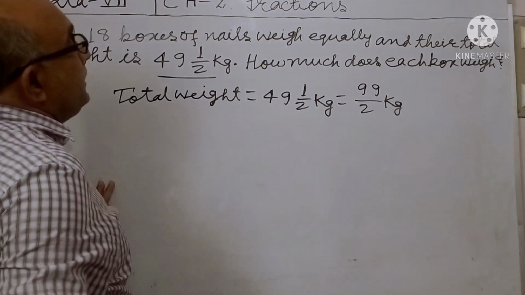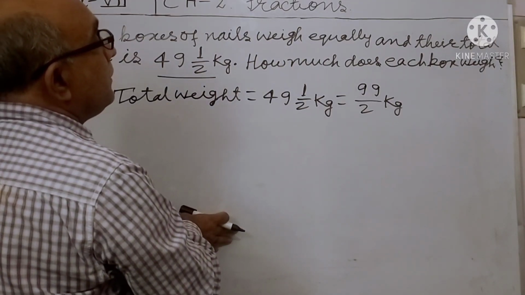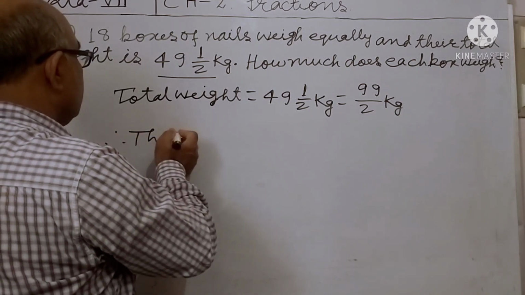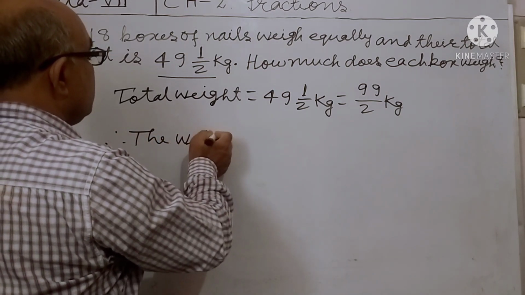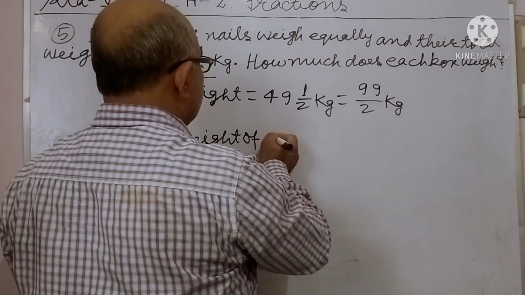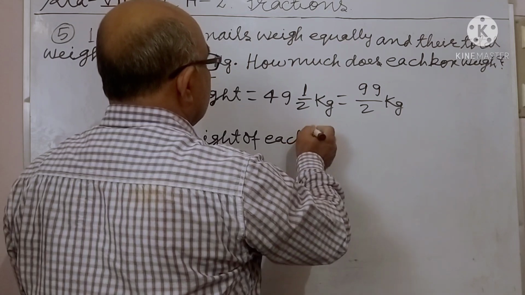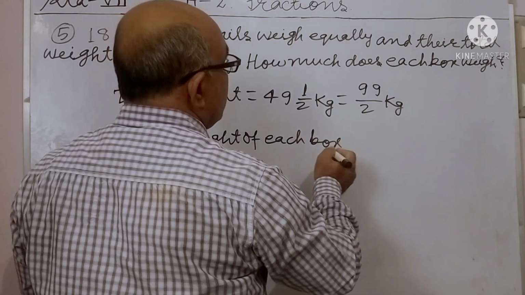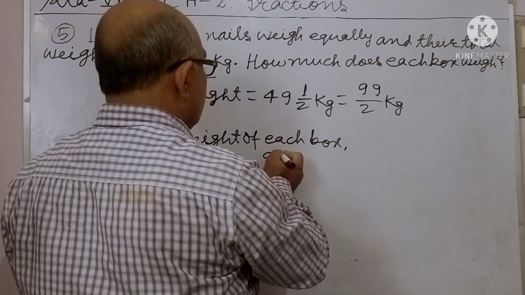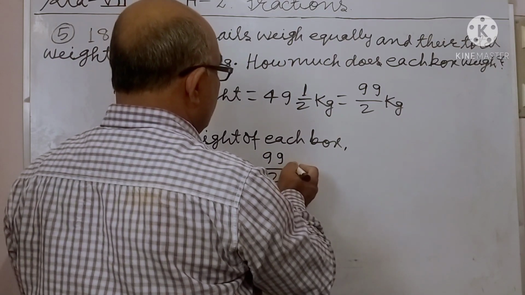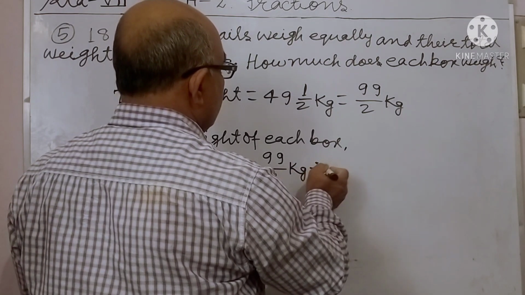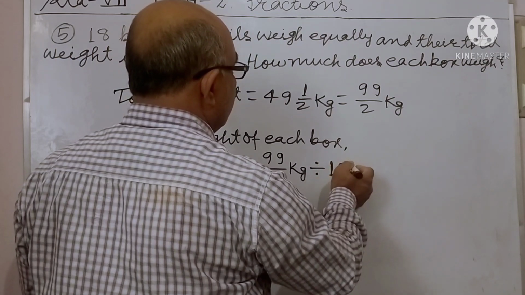Total boxes 18. The weight of each box. Therefore, the weight of each box equal to 99 by 2 kg divided by 18.